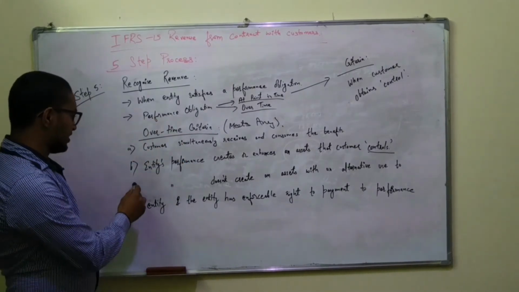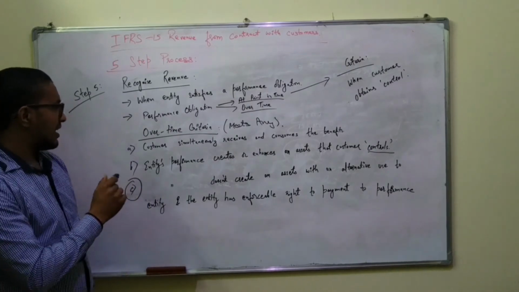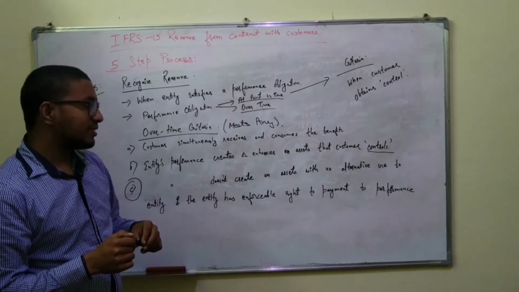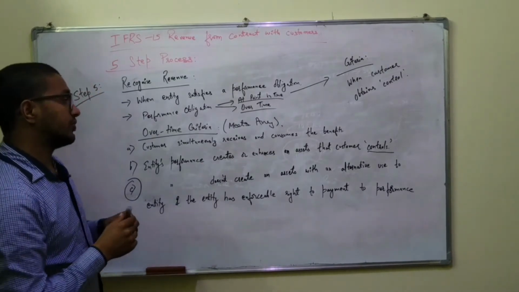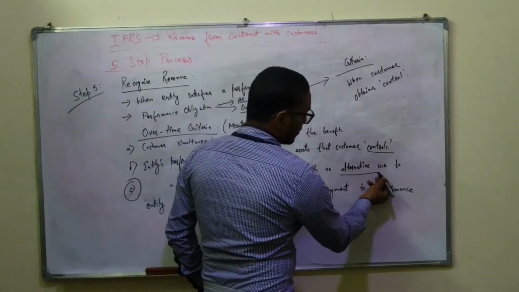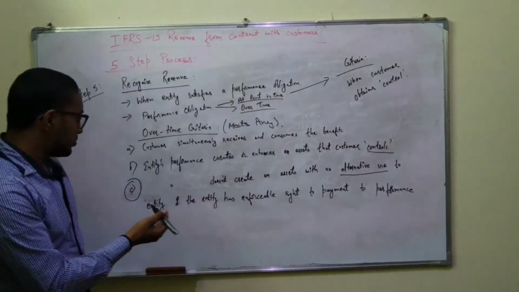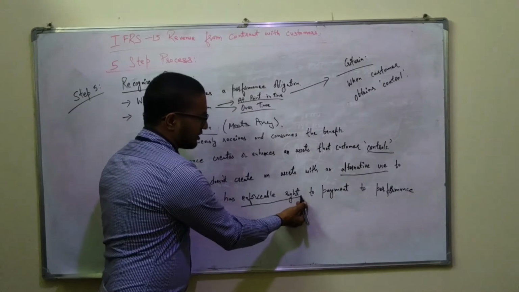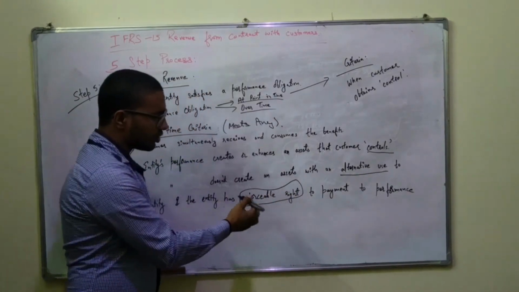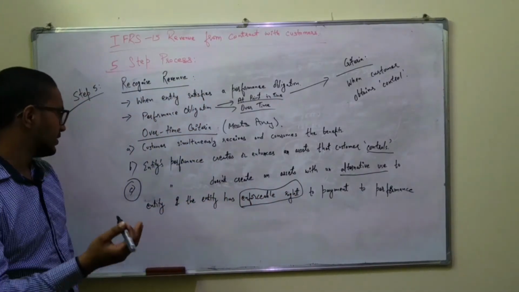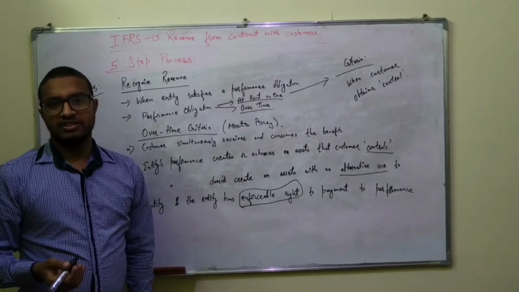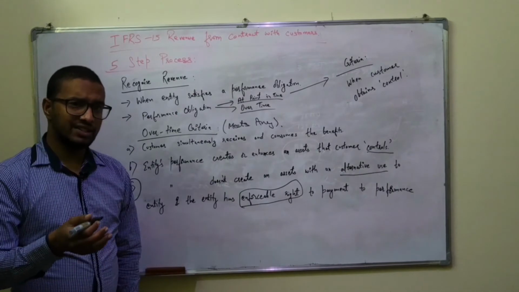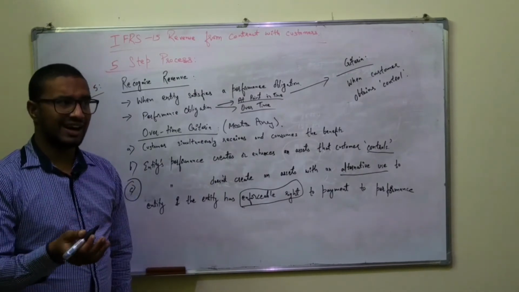And then the next criterion is that the entity's performance does not create an asset with an alternative use to the entity, and the entity has an enforceable right to payment for performance. This is very important. What this means is that suppose you are a car making entity, and normally you sell cars.